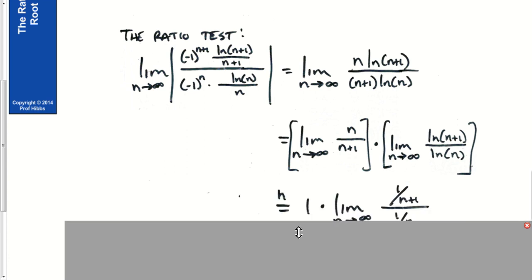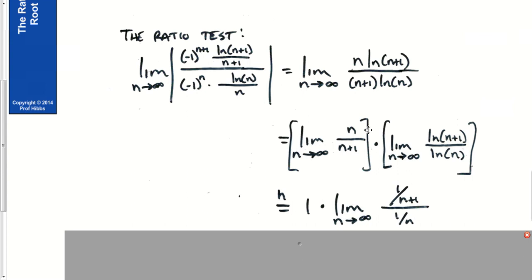Now, in this first limit, this is straightforward. We could multiply by 1 over n in the numerator and 1 over n in the denominator, and we'd have the limit of 1 over 1 plus 1 over n. And of course, that's going to go to 1. So the limit in this first case is 1.